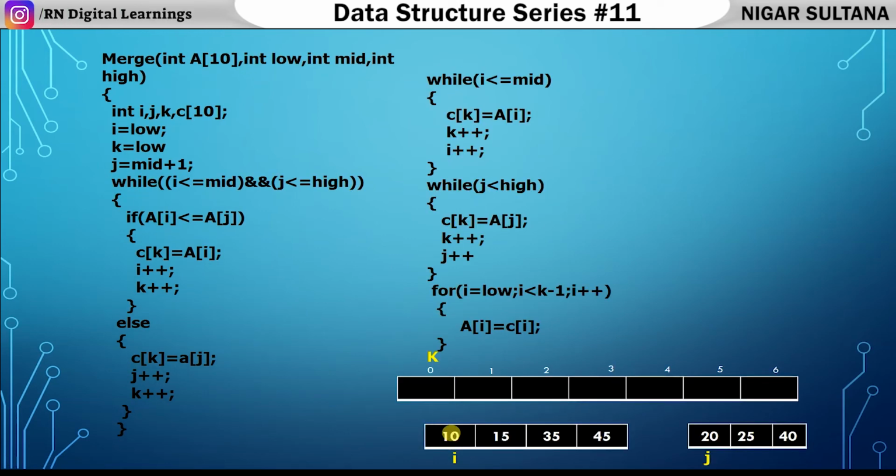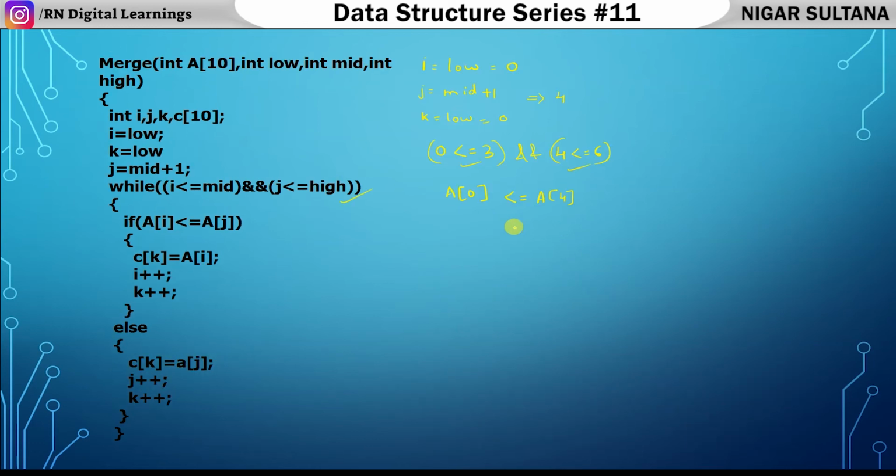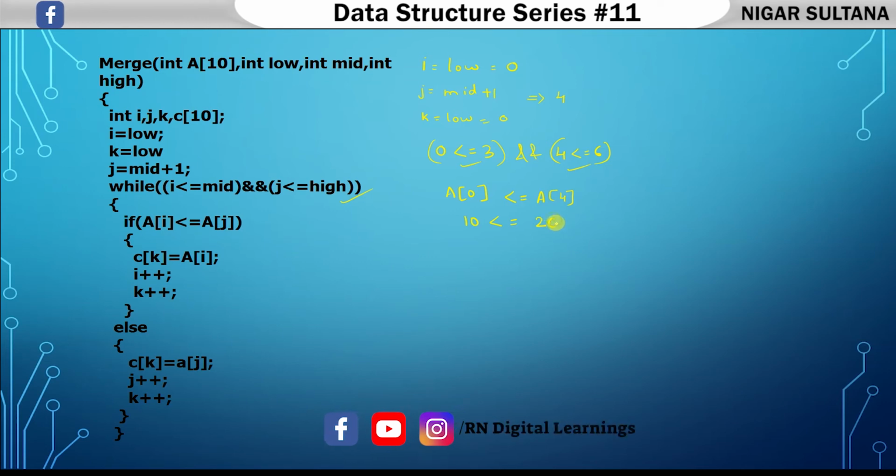A of i is 10 and a of 4 is 20. Now, is 10 less than or equal to 20? Yes. If it is true, what must I insert? So c of k, that is the new array, will have the a of i, that is a of 0, that is 10.